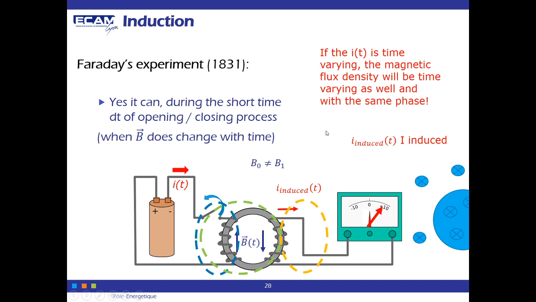And because of the inequivalence of the magnetic flux density reflected to the secondary coil, there will be a differential form of electrical energy observed in the secondary coil. Somehow, some portion of the energy source here will be transferred to the second coil.